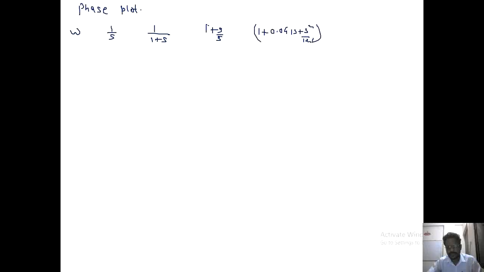So for the phase plot, let us make a table. First is omega, then 1 by s, then 1 by 1 plus s, then 1 plus s by 5, the quadratic pole 1 plus 0.041 s plus s square by 121, and then the total.